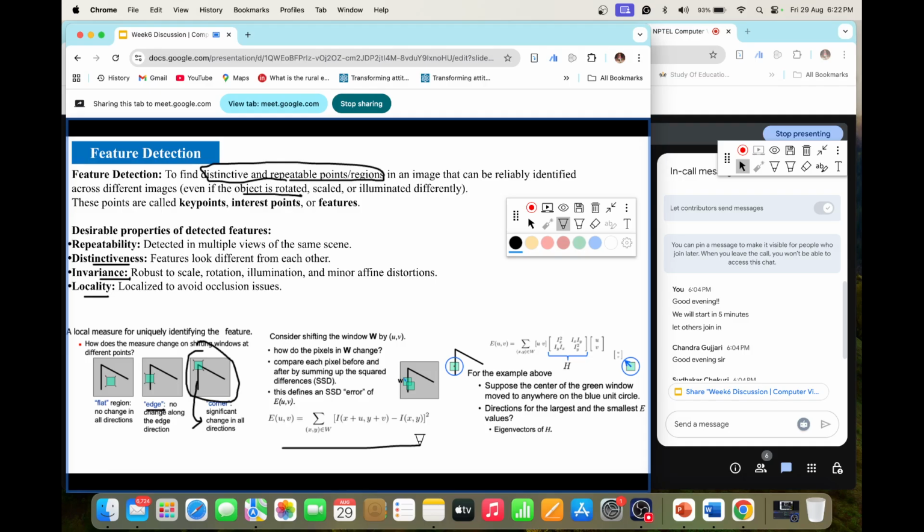Mathematically it is shown here using SSD, the sum of squared differences. Here (x, y) is our original point, and (u, v) is the shift.